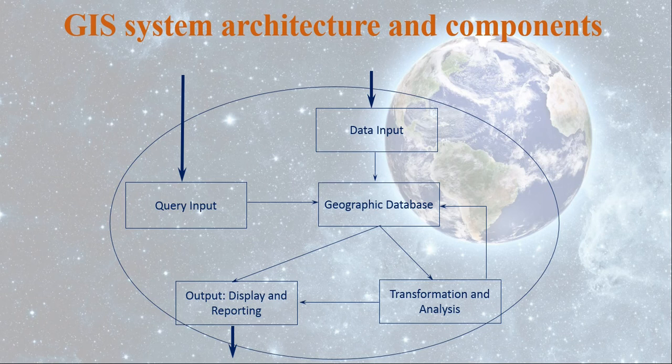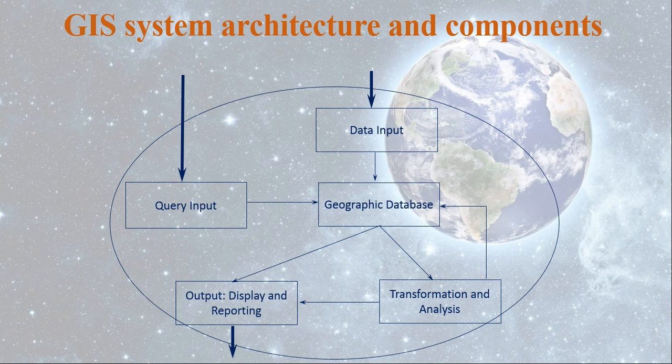The system processes the database and specifies and displays them, and then we can export the map as output. The database can also be exported as output without any analysis or transformation. As you can see here, from the geographic database, an arrow is drawn directly to output.